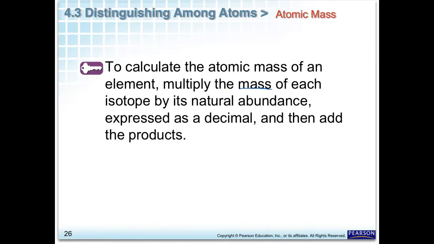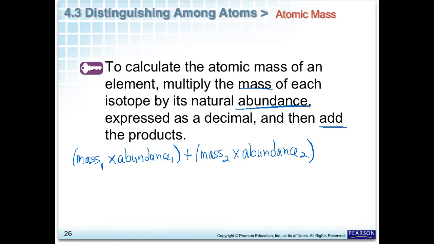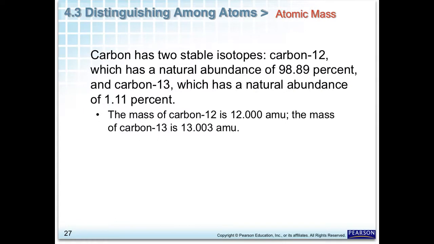We take the mass of each isotope multiplied by its abundance, and then add each of those together to find the average mass. So we take the mass of isotope 1 times the abundance of isotope 1, add it to the mass of isotope 2 times the abundance of isotope 2, and then add it to any more isotopes that we have. And that's how you would find the average atomic mass, or the weighted average.